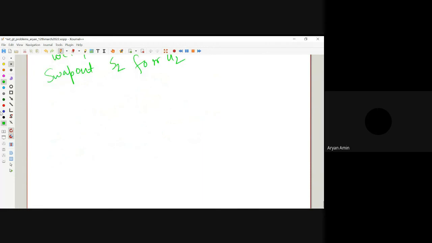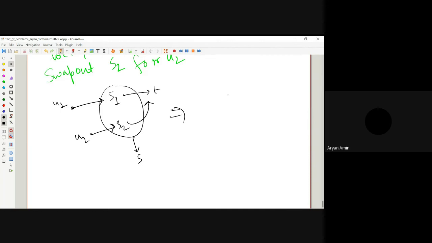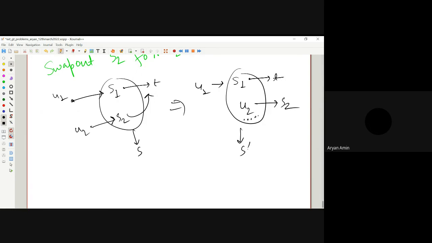So we had initially something like U1 going to S1, going to T, and U2 going to S2, going to T. This was your S. Now suppose you have this, S1 goes to T, U2 goes to T. Suppose this is your new S now, and you had other elements of S as well. Do you understand what I am doing? Call this S dash, right? So what we did was we swapped out S2 for U2.